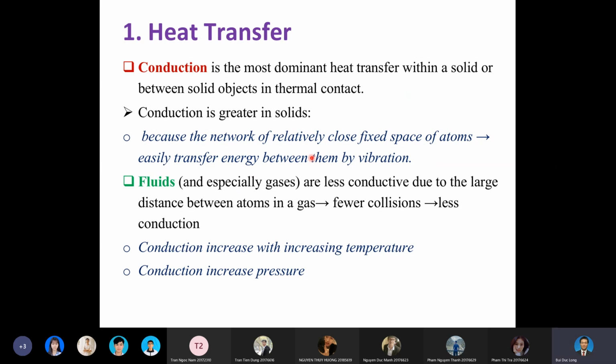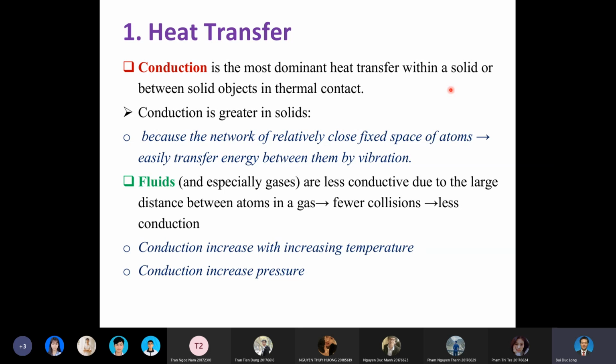The answer is that heat conduction is the most dominant heat transfer within a solid, or between solid objects in thermal contact. So remember, conduction is dominant in solids.